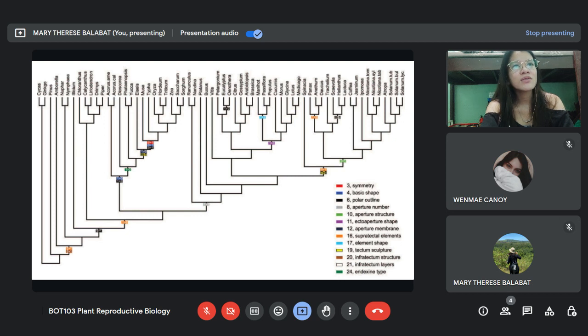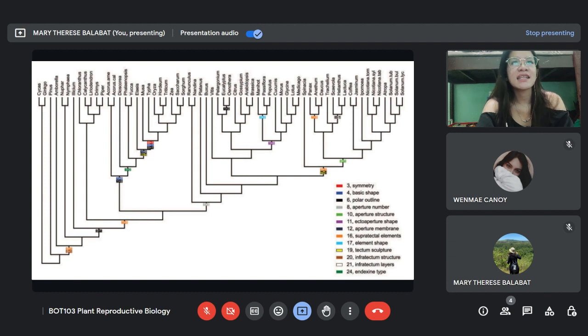As you can observe here, Musa links to this Poales. As you can see again in the phylogeny, Zingiberales and the Poales share transitions from bilateral to radial symmetry, which is character 3, color red, as you can see here.